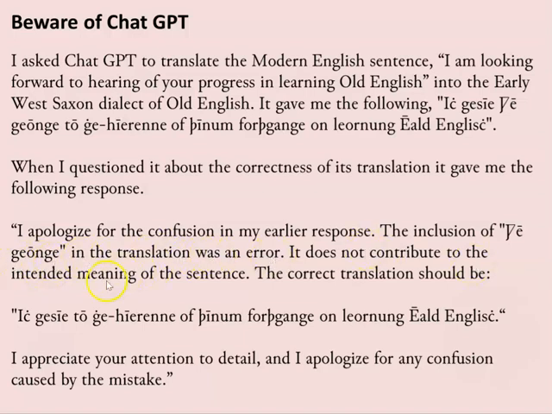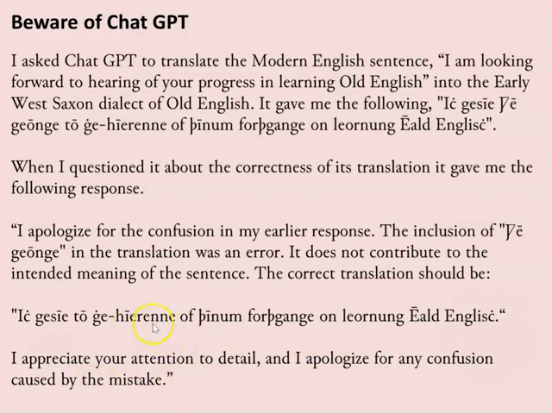It does not contribute to the intended meaning of the sentence. The correct translation would be Ich ġesir tō ġehīrene of thīnum fǣrgange on lērunung eld English. And ChatGPT continues to say, I appreciate your attention to detail and I apologize for any confusion caused by the mistake.